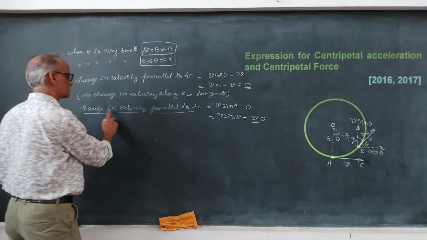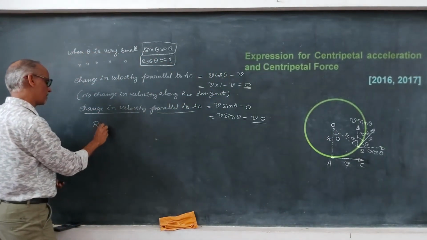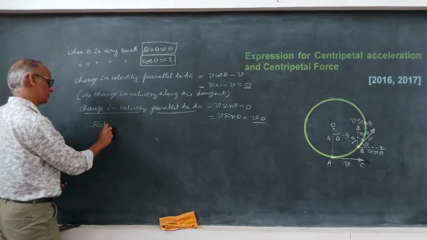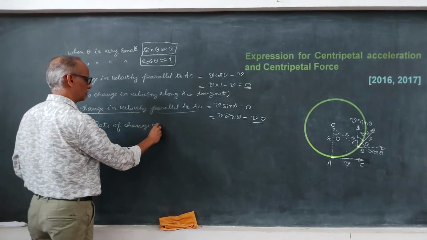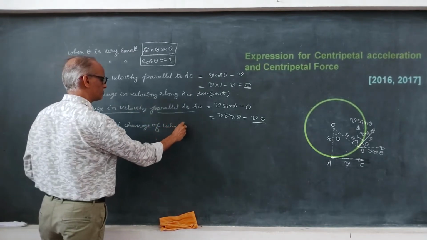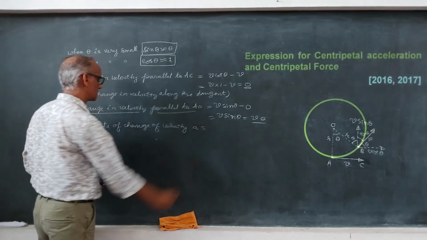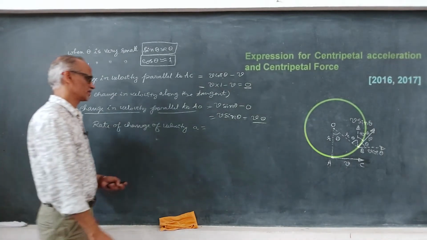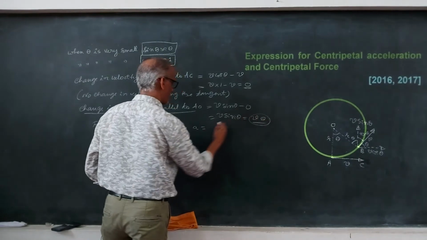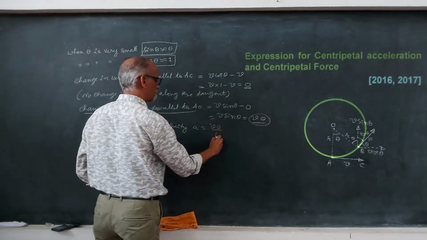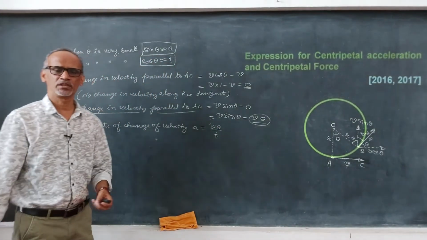But what we have found is the change in velocity. How to find the rate of change of velocity? That rate of change of velocity is nothing but acceleration, correct? Which is equal to change in velocity by time. What is the change in velocity? V theta divided by t, the time in which that change takes place.